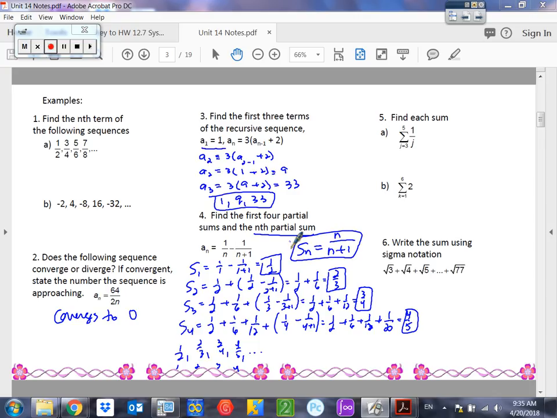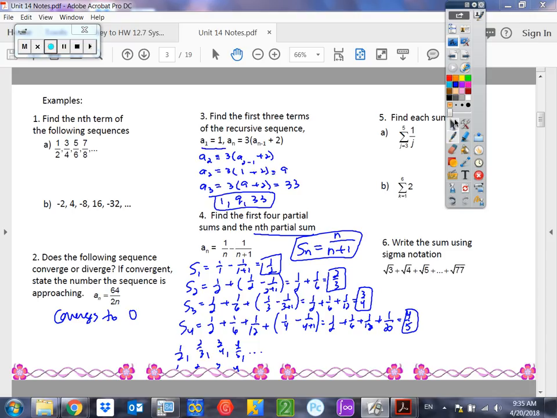Okay. So now let's look at a couple of different calculator input things for this. Okay, is everybody okay with doing it by hand? All right, let's go to our calculators. I'll show you my preference.